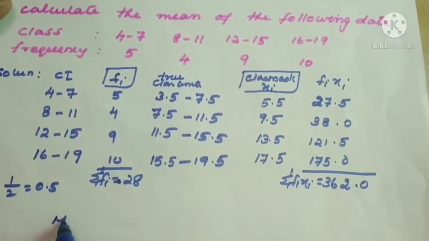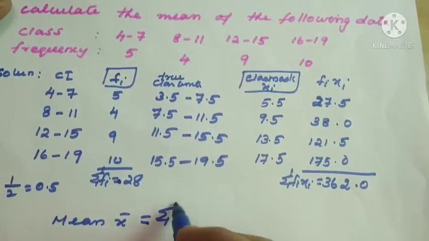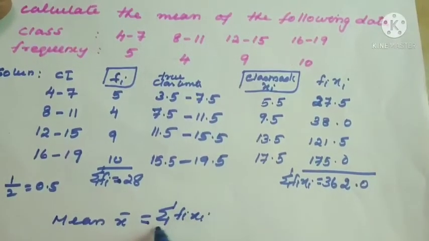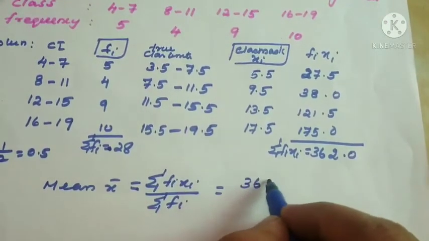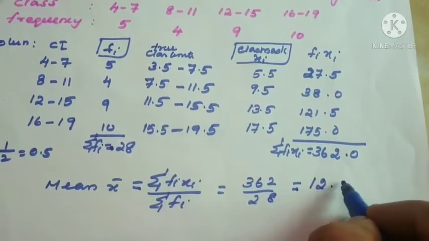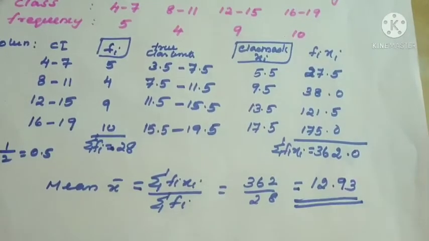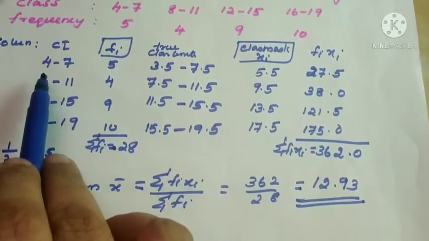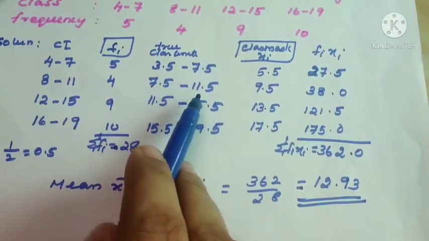Therefore, mean x bar equal to, write the formula first, sigma Fi xi by sigma Fi. 362 by 28, 12.93. So the only change is we have to convert into the exclusive type of class interval.